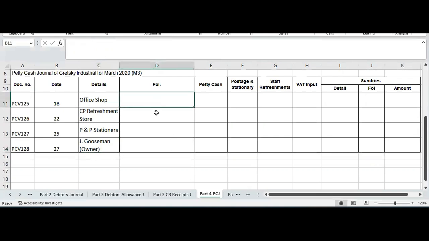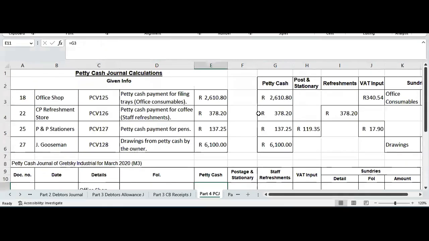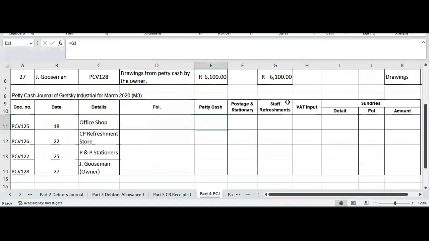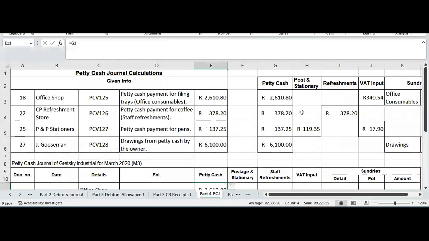Obviously, at this point, there are no folio numbers yet, because we were not told what the account reference is in the general journal. So we know for the first one, we're just going to put those amounts in there now. So petty cash, we said what it was, so we can just put that in there.